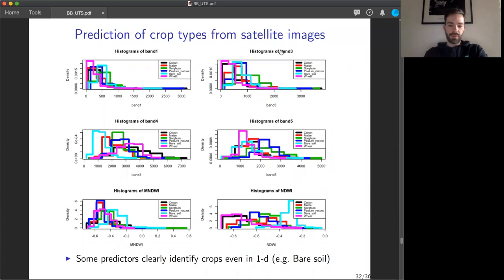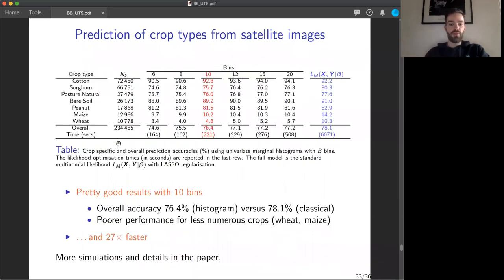These are for 6 of the predictors, and you have the univariate histograms for each of the different crop types. So you can see already that the one-dimensional predictors can identify some types of crops. The light blue one, for example, is bare soil, and you can see on the left-hand side, the second plot, or at the bottom right, that you can already identify it using these predictors. So it gives us some hope.